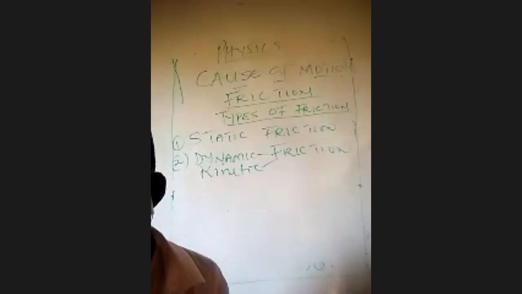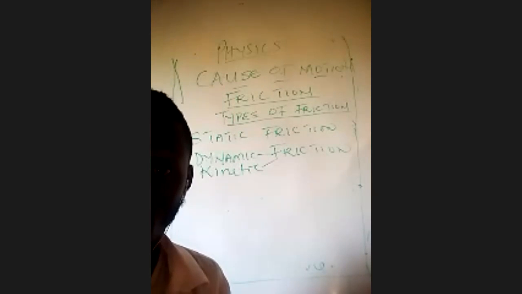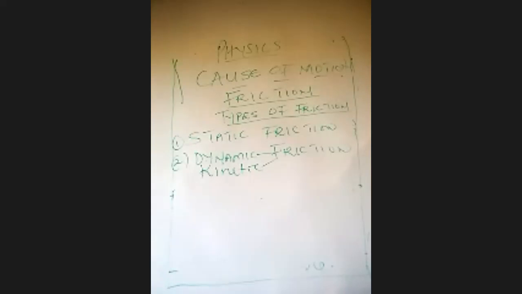So that is what you need to understand about friction. In our next class, we will be explaining the result of an experiment that shows that frictional force is roughly proportional to the normal reaction.